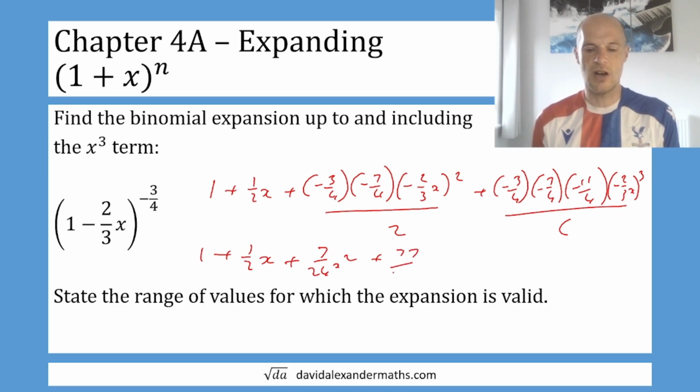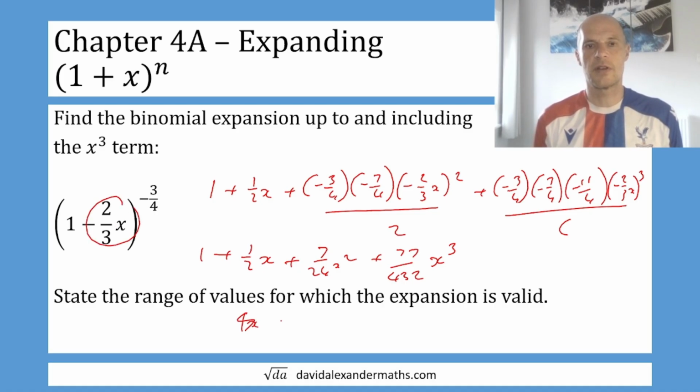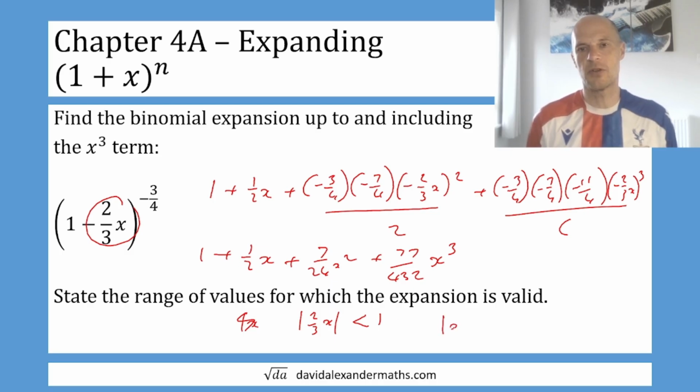So that's going to be plus 77 over 432 x cubed. So here it's valid if the modulus of 2/3 x is less than 1. So what do we do here? So we just multiply by 3 and divide by 2, so therefore the modulus of x must be less than 3/2.